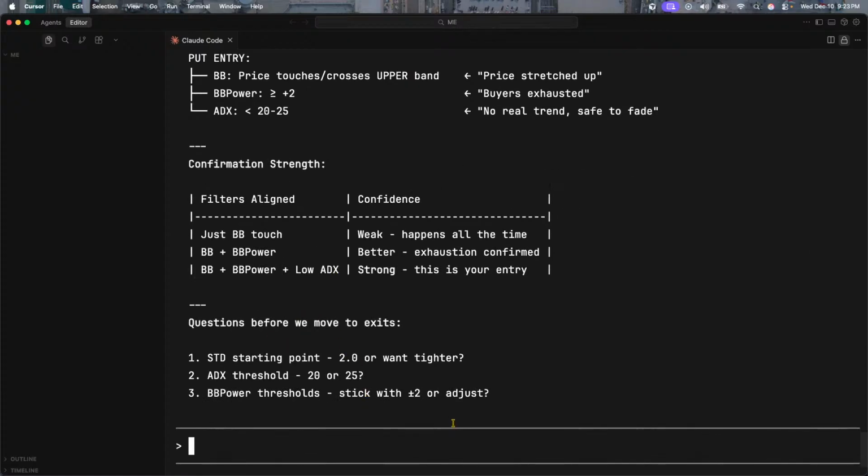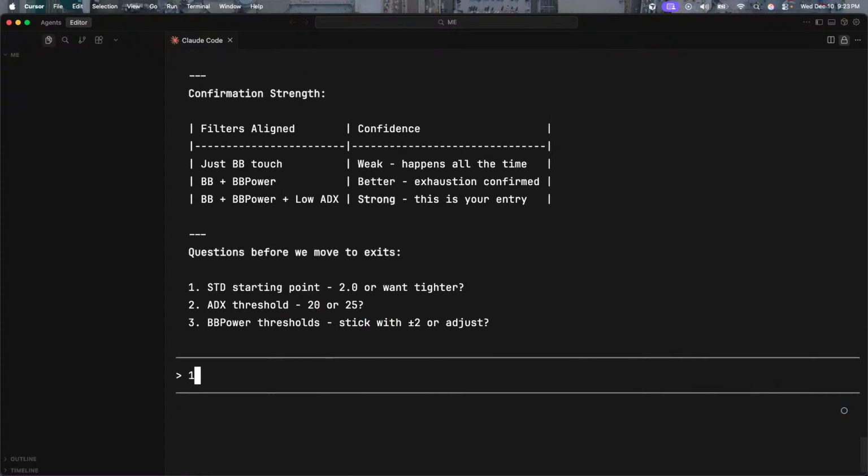So questions: are we starting one? We are starting with a standard deviation. I know how the abbreviation sounds, so I'm saying standard deviation, grow up. Standard deviation of 1.2, starting aggressive.